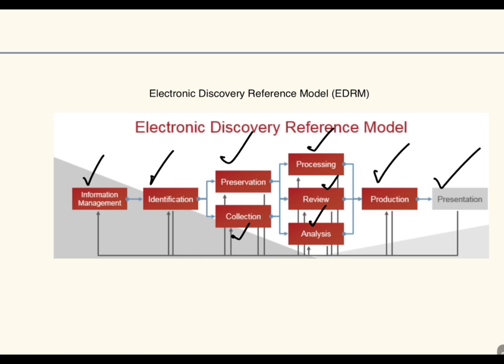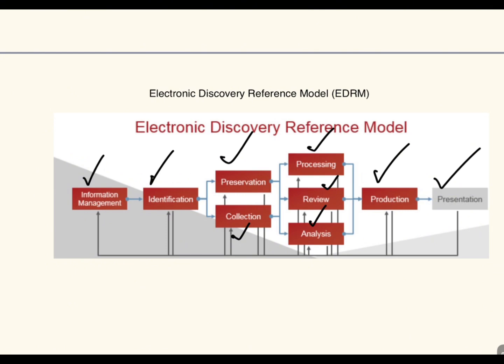If we talk about a real-time example, for instance, the company already has data governance in place. Talking about information management, the company already has data governance in place; email archives, file shares, and system logs are managed and organized regularly, right? So the company always has an information management system.